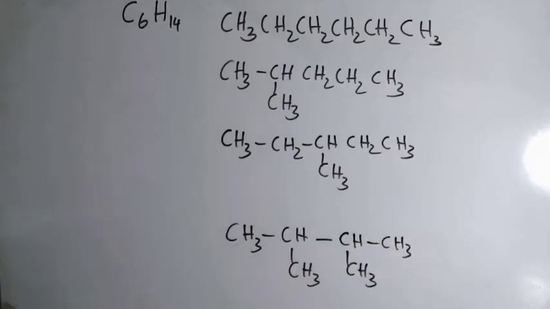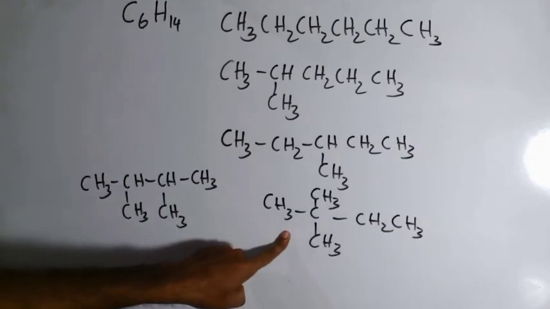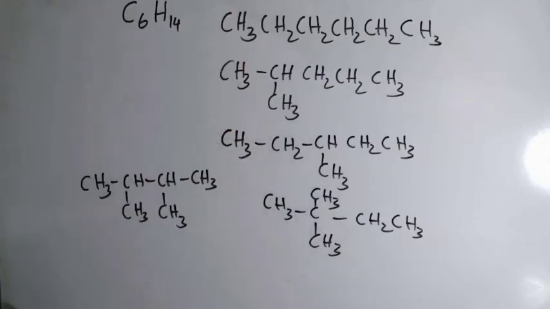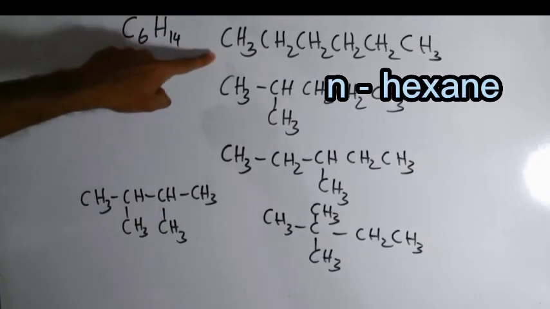Now you can see it results in a new isomer. Now you can see it results in yet another isomer. So it is not equivalent to any of the isomers we have drawn so far. So these are the 5 isomers of hexane.